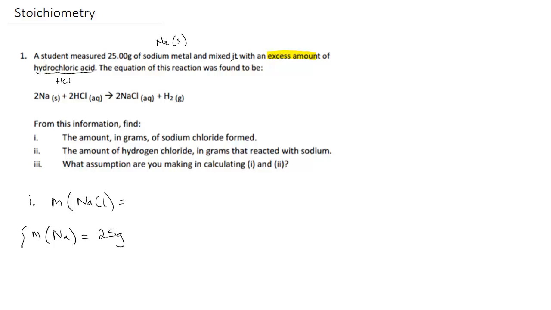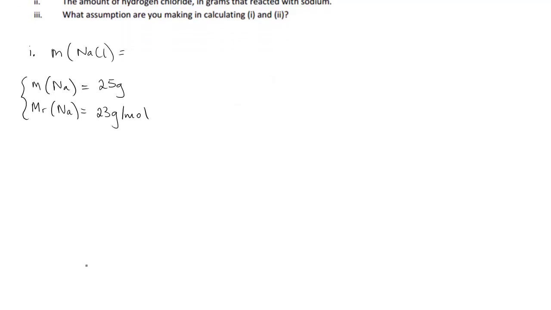So we've got the mass of sodium. We can also find the molar mass of sodium, because we do need to translate this information into mole. The molar mass of sodium is 23 gram per mole, and that's from our periodic table. Then we can identify the mole of sodium: the mass, 25 grams, divided by the molar mass, 23 gram per mole.